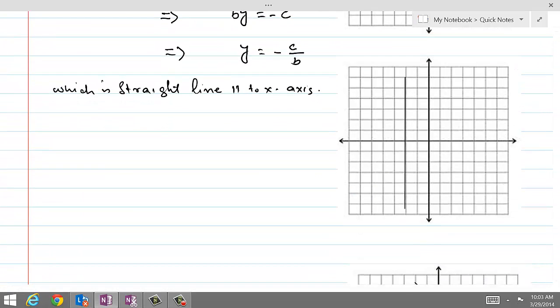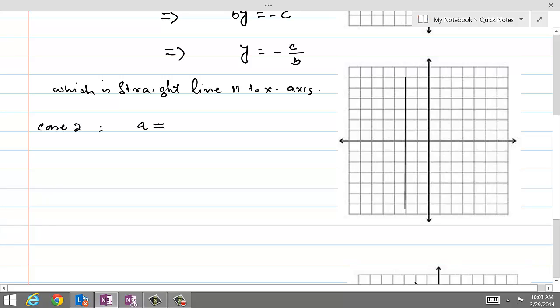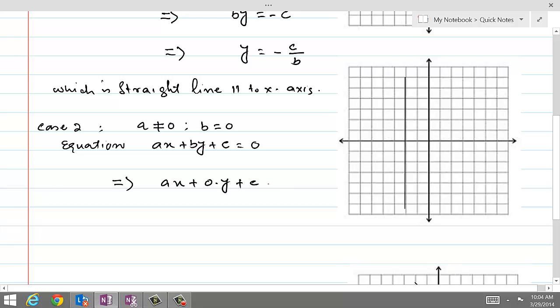So case 2, when a is not equal to 0 but b is equal to 0, then what happens to the given equation? Then equation ax plus by plus c equal to 0 will reduce to the form ax plus 0 y plus c equal to 0.